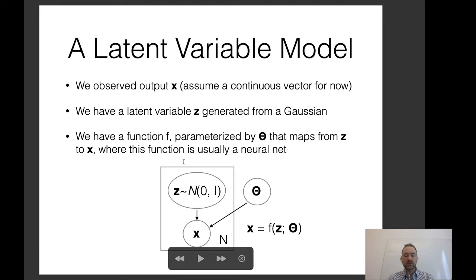And then we have a latent variable z that is generated from a standard Gaussian. And then we have a function f parameterized by theta that maps from z to x, where this function is usually a neural network. If you remember from the previous class on adversarial learning, this functional form looks very similar.